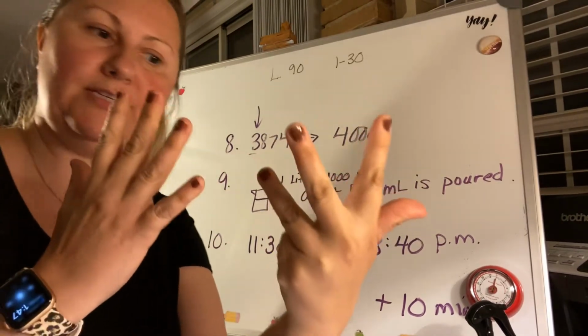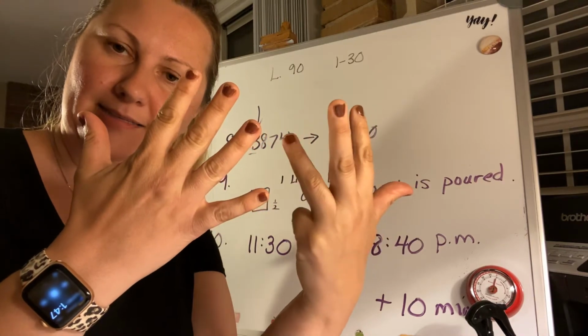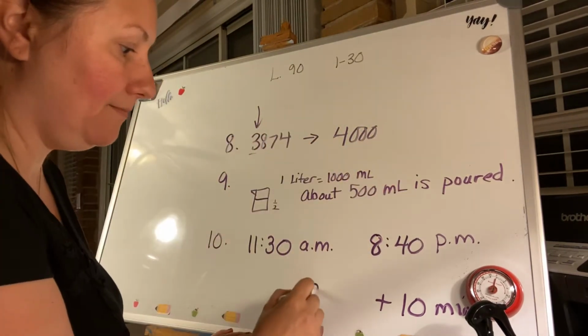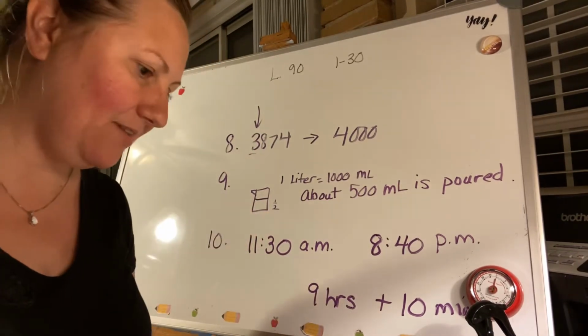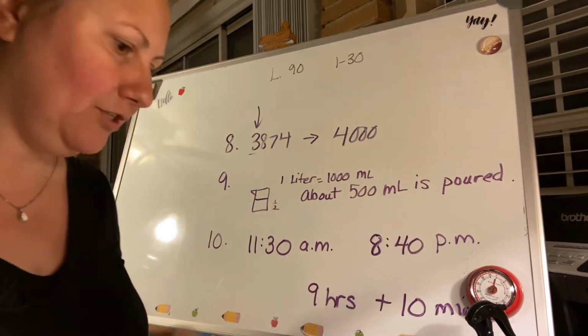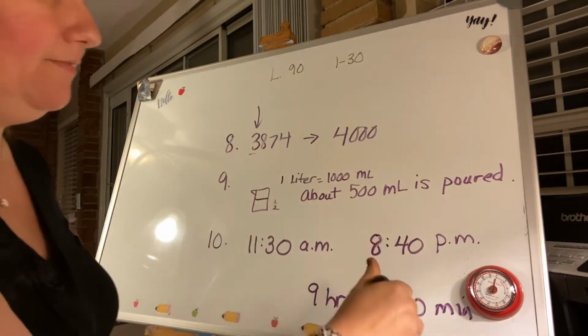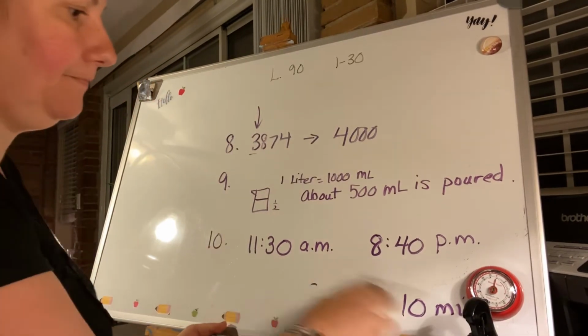If we were just going to 8:30, we have 9 hours. My little pinky is not raised yet, right? 9 hours was the number of hours plus 10 more minutes. And that's it. 9 hours, 10 minutes is how much time had gone by. All right, I'll need a second to erase while you guys continue on with number 11.